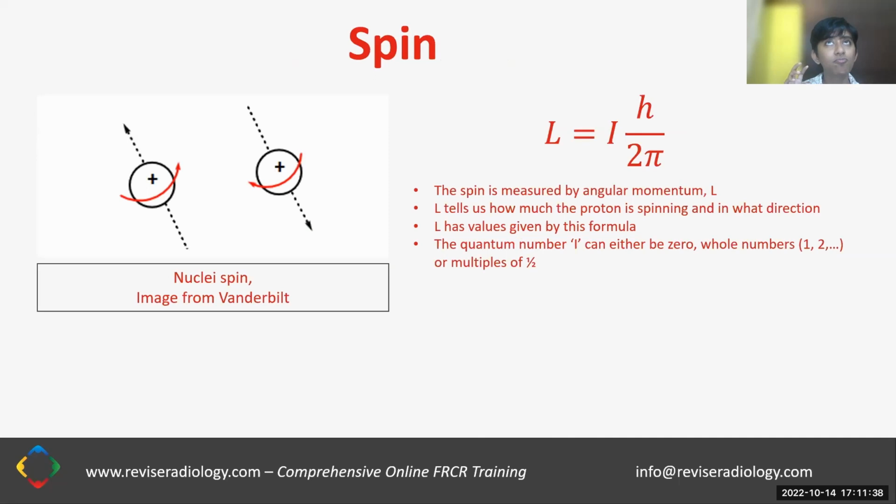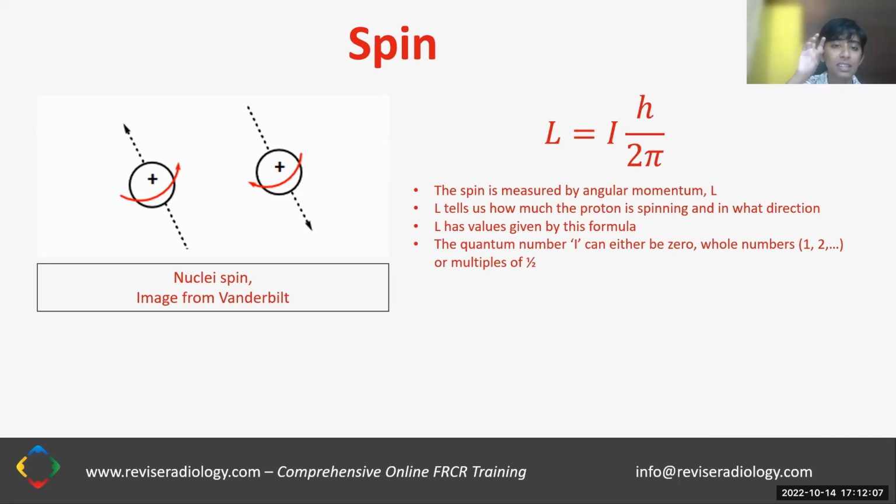Now, there's something called the Larmor frequency, for which we have to introduce a few other terms. So first, we have to describe how the proton is spinning. The way that we describe it is we use this term called L, which describes the spin of the proton. The spin of the proton can either be 0, or h by 2 pi, or 2h by 2 pi, or half h by 2 pi. h here is a constant, which is known as Planck's constant.